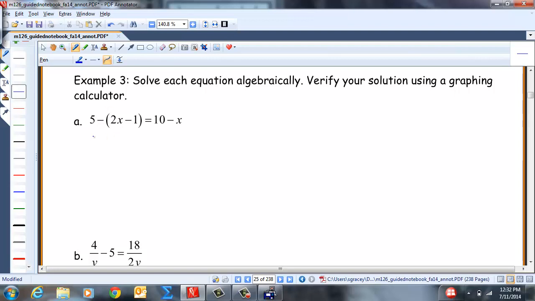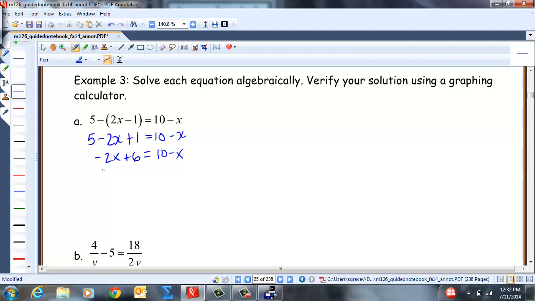So if I distribute that negative through, I have 5 minus 2x plus 1 is equal to 10 minus x. So negative 2x plus 6 is equal to 10 minus x when I combine the 5 and the 1.